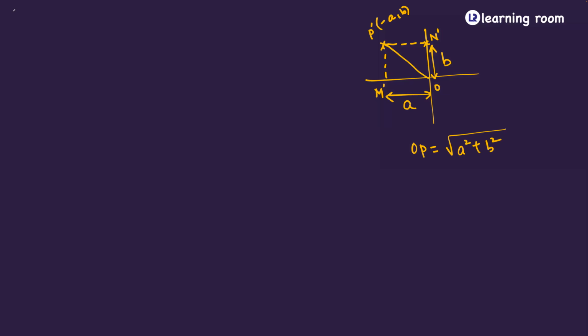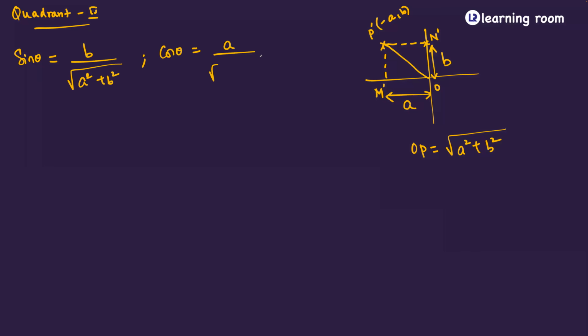Again, if I do an analysis, then in quadrant 2, I'm going to get sine theta as B divided by square root of A square plus B square. What about cos theta? I'll get A divided by root of A square plus B square.